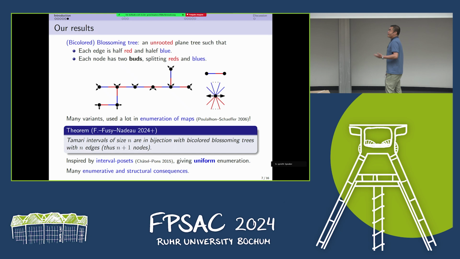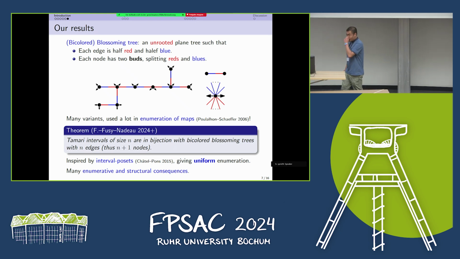Our bijection was inspired by the work of Chapoton and Bousquet-Mélou on Tamari interval posets. And as I said, they give a uniform enumeration framework. Our bijection is really simple, which means there are many enumerative and structural consequences that can be deduced from it.